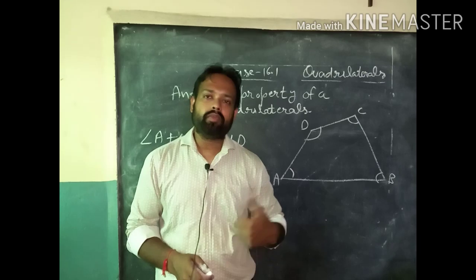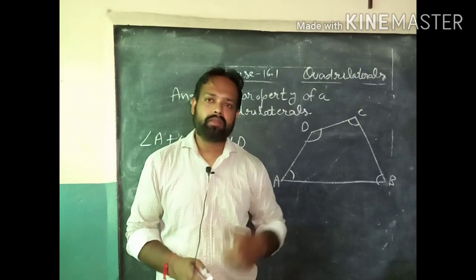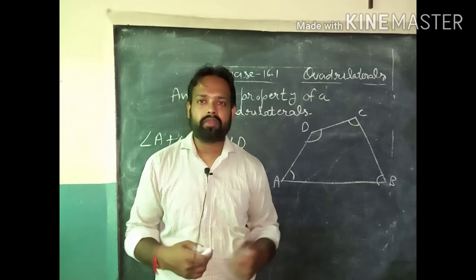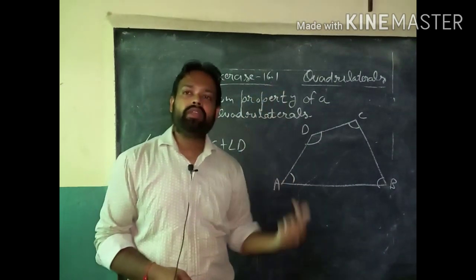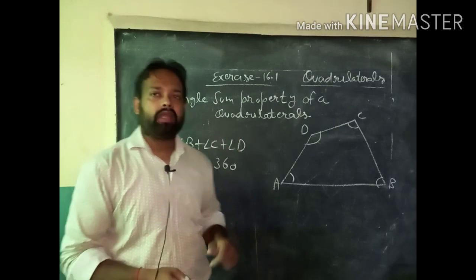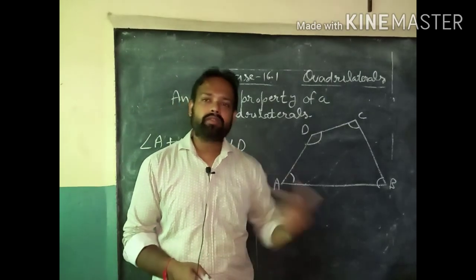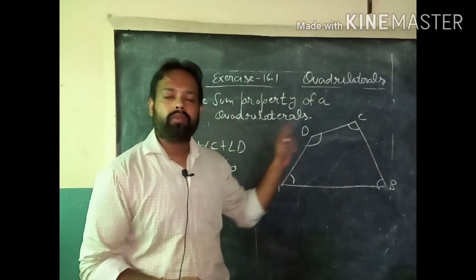Before starting this chapter, there are some more important properties that we have to understand, but for this exercise 16.1 we are using only one property, and I will discuss the other properties in my next video when I start the 16.2 exercise.